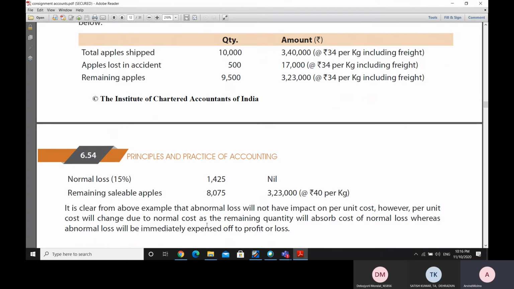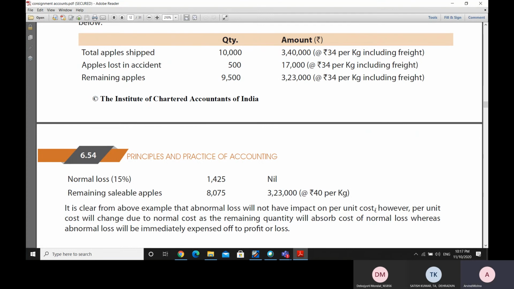It will not be affecting the per unit cost of the items. So this has to be remembered very clearly, that whenever an abnormal loss is happening, it will not impact the per unit cost at all, because abnormal loss will automatically increase the loss of the consignment business by the same amount as much as the abnormal loss is.